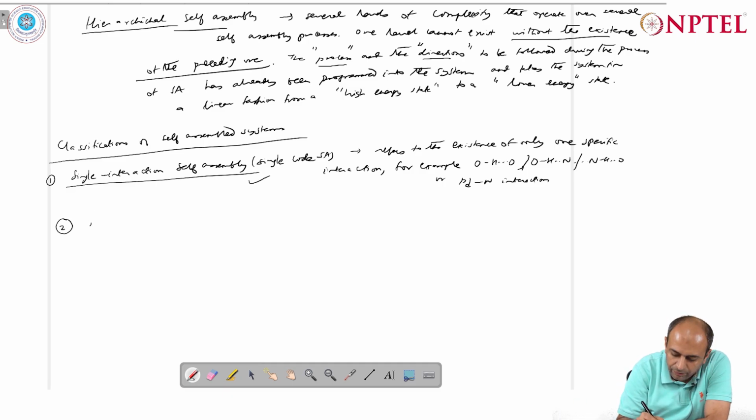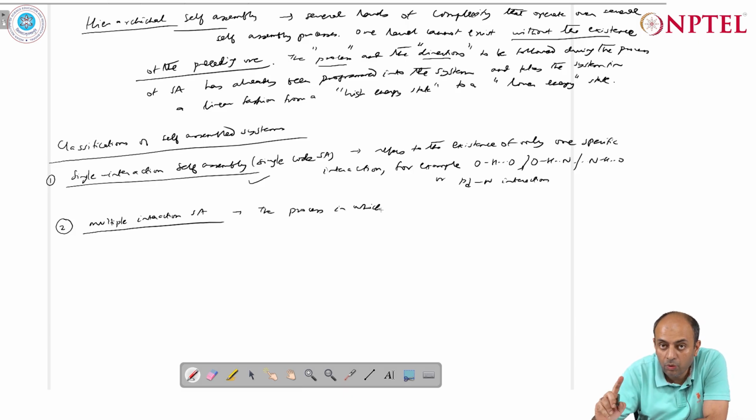So, all these are examples of single interaction self-assembly. And then we can have multiple interaction self-assembly.